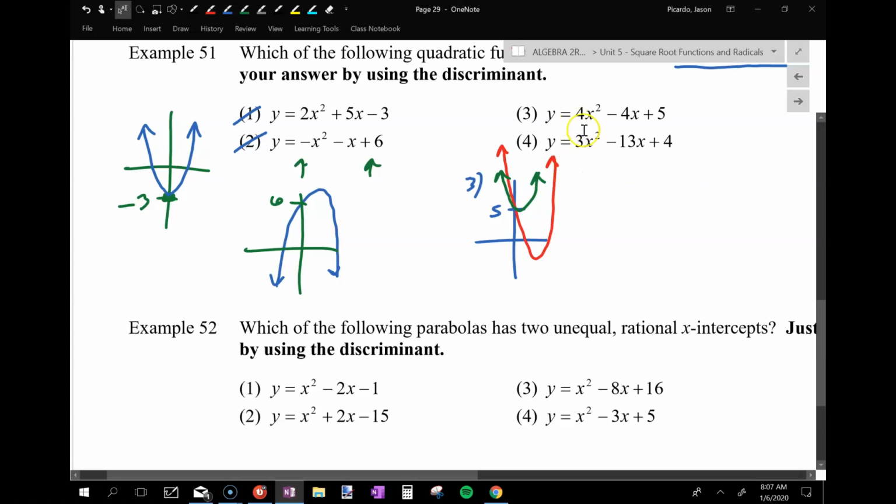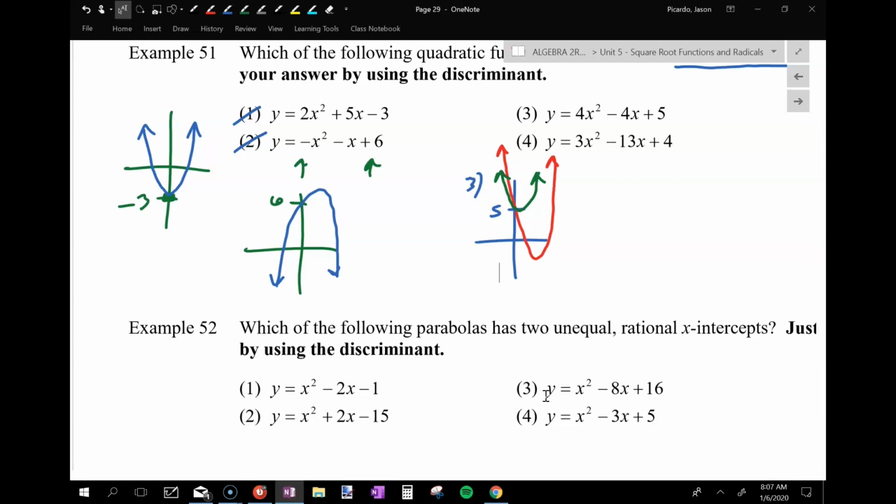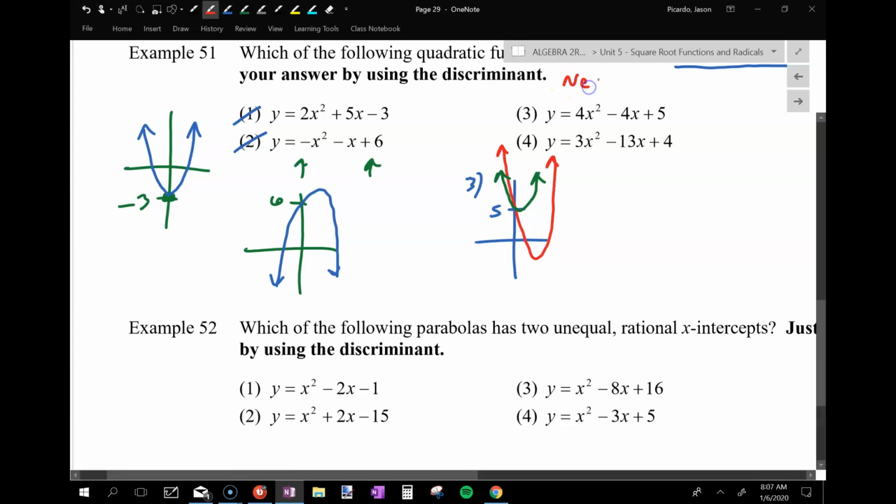And can I make the same argument for choice 4? So this is a case where now I got to use the discriminant to figure out which one does not cross. So what am I looking for? A discriminant that is negative. Absolutely. I'm looking for a negative discriminant.